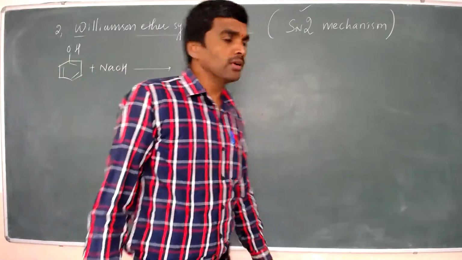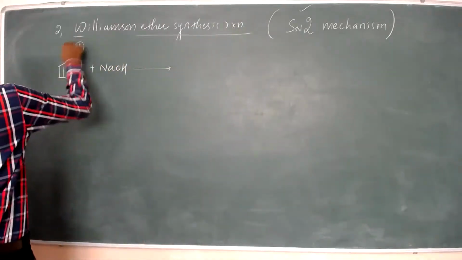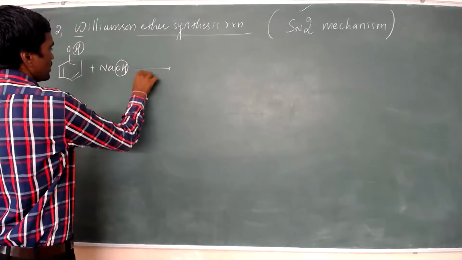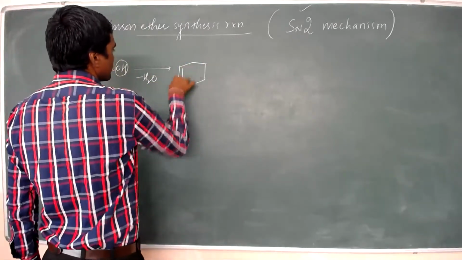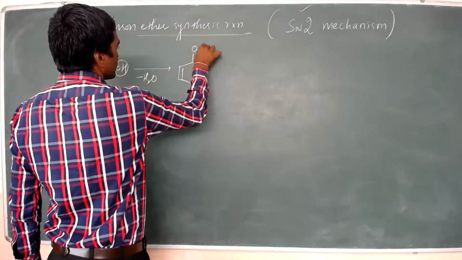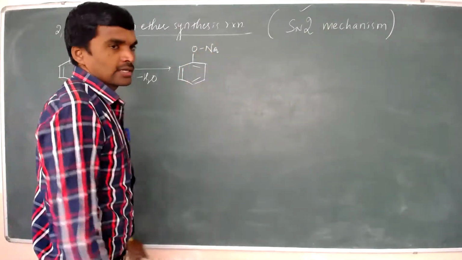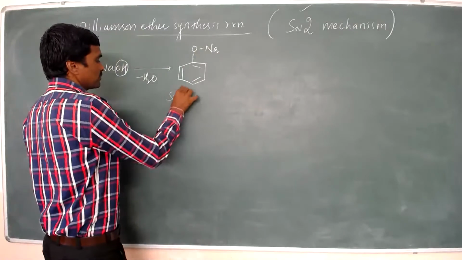What product is formed? Sodium phenoxide. From the OH, a water molecule is eliminated, then sodium phenoxide is formed.